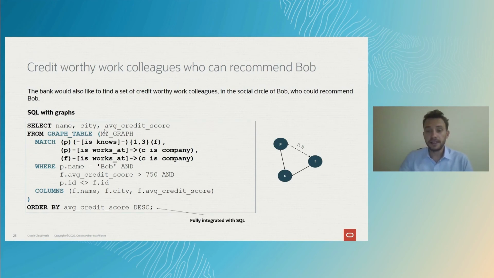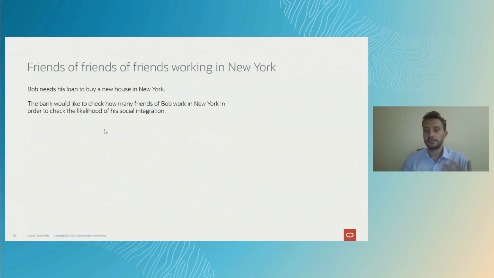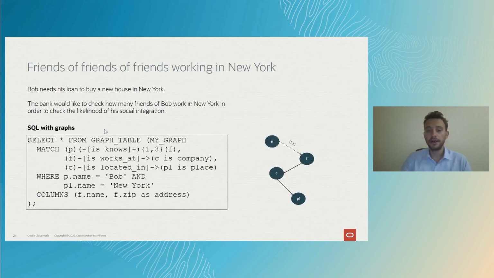And then the last query is about finding friends of friends of Bob who work in New York. This is again something very similar to before. We want to start from P, find people in his social circle by doing 1-3 hops away, and then those friends should work at the company, and the company should be located in a place called New York.